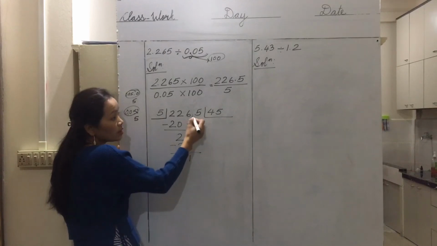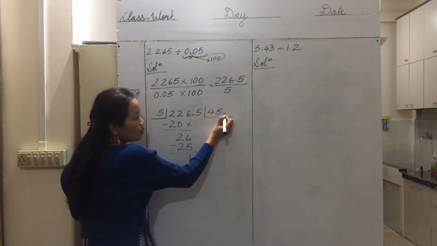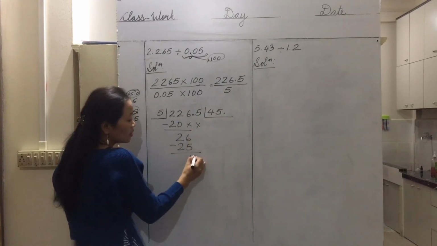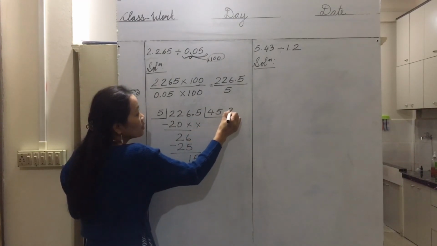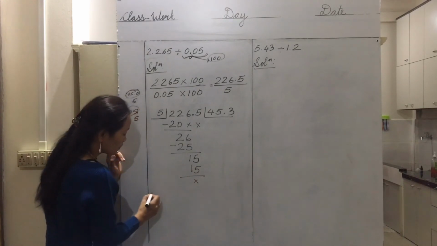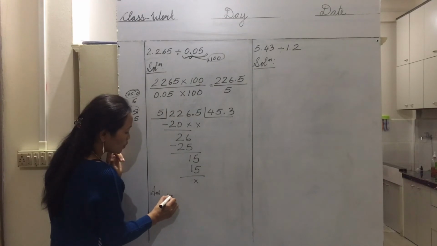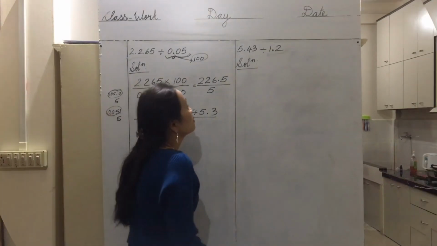I'm going to take down a number which is after the point, so we put the point and take down 5. Then 5 3 times 15. Remainder is 0. Then the answer becomes 45.3.